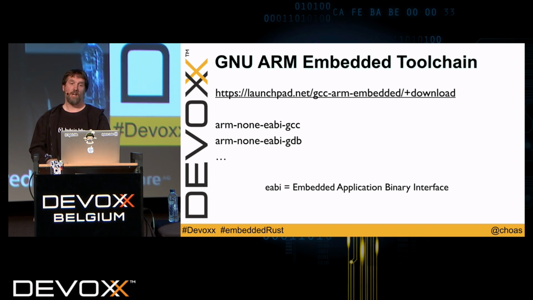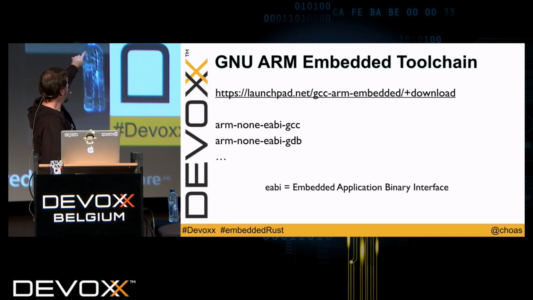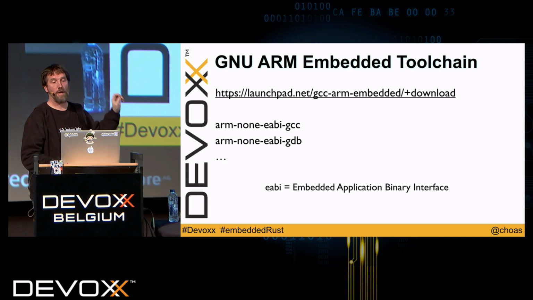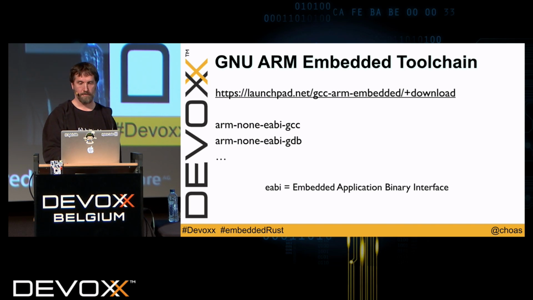Then we also need some GNU compiler for the ARM version. Here you can see ARM; we are on the ARM processor. None means it's bare metal, there's no Linux or something running on it. And it's an embedded application binary interface, that's the EABI.